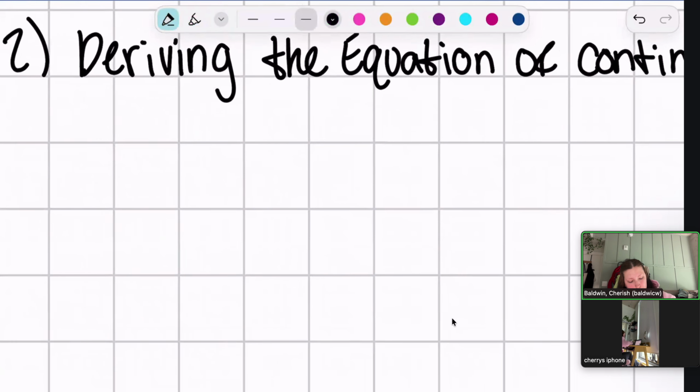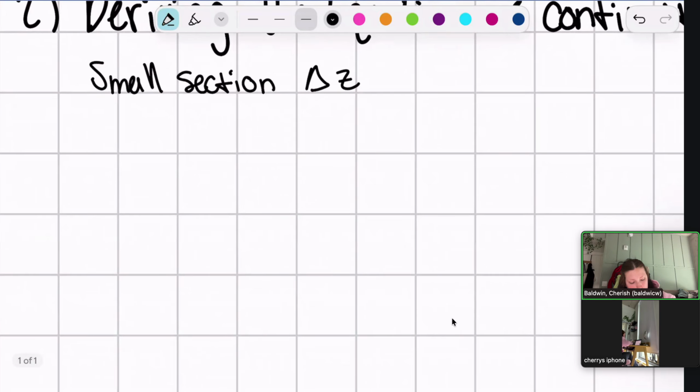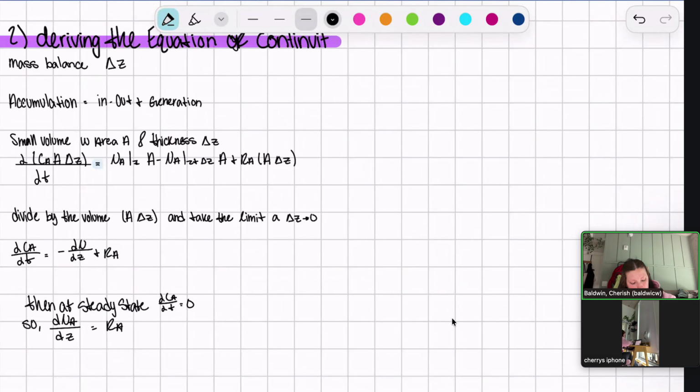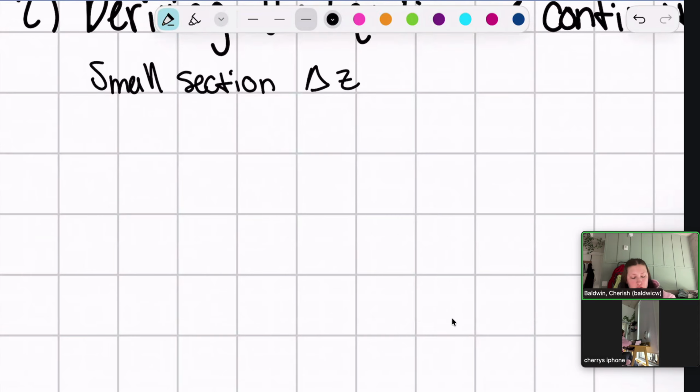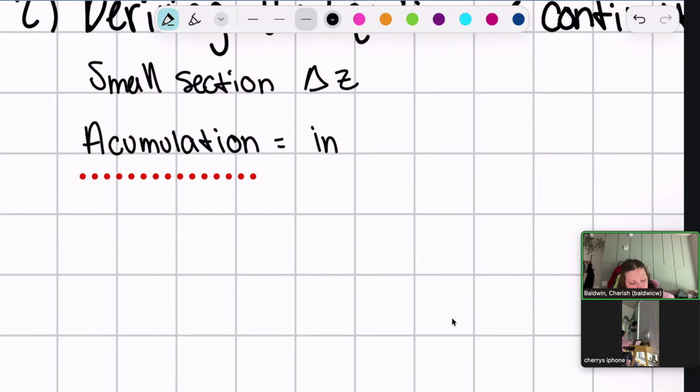We're going to think of doing this over a small section, which we'll call delta Z. The general equation is accumulation is equal to in minus out, plus generation.